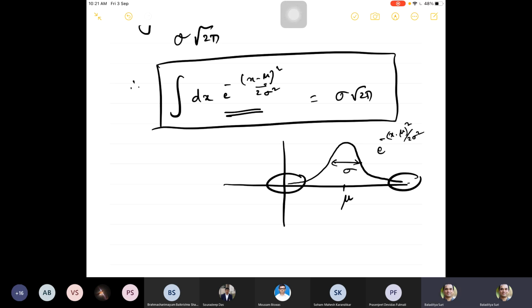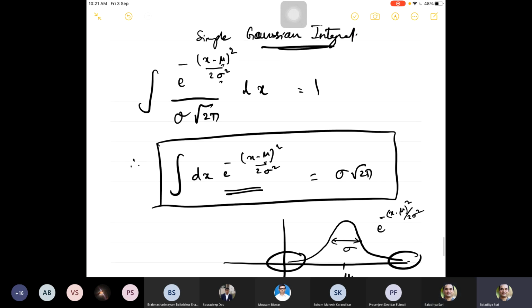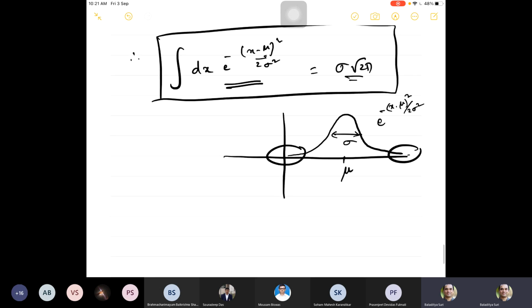So this integral can be done very easily. The integral of e to the power of minus (x minus mu) squared by 2 sigma squared is sigma root 2 pi. Now let us do the integral dp_i e to the power of minus beta p_i squared by 2m.